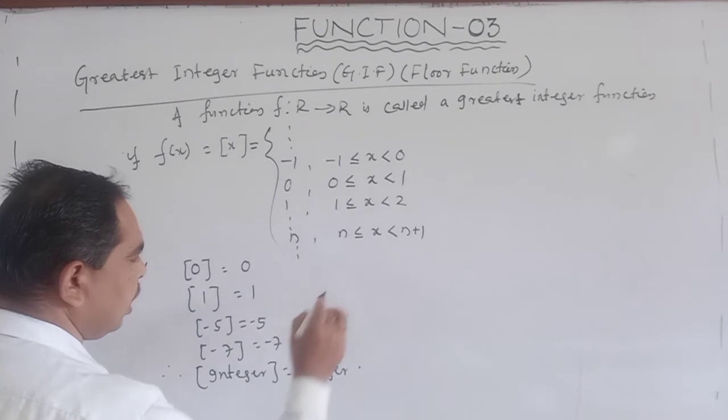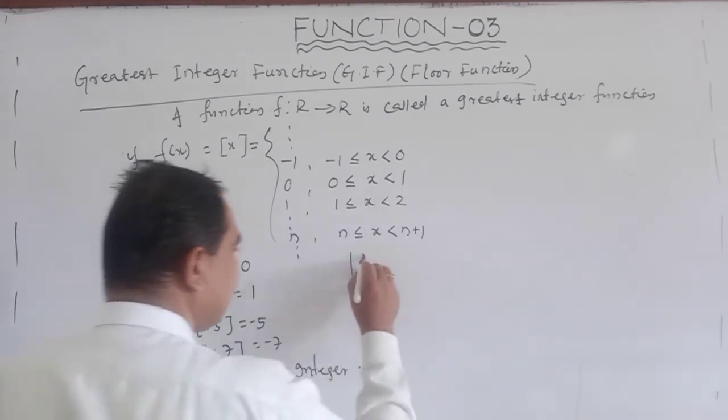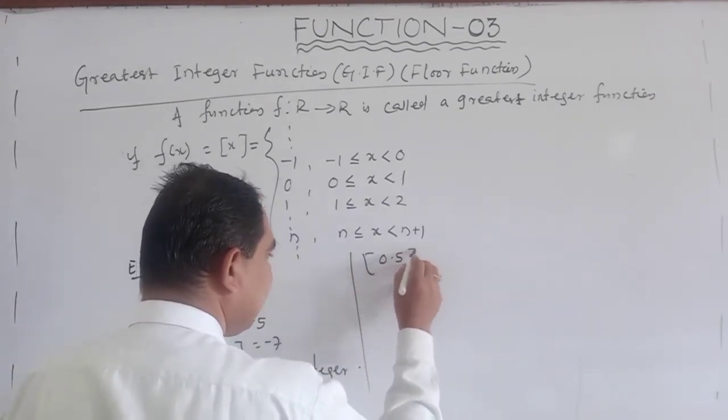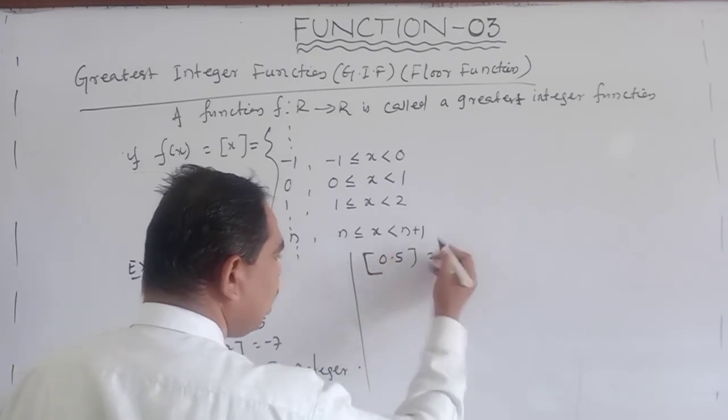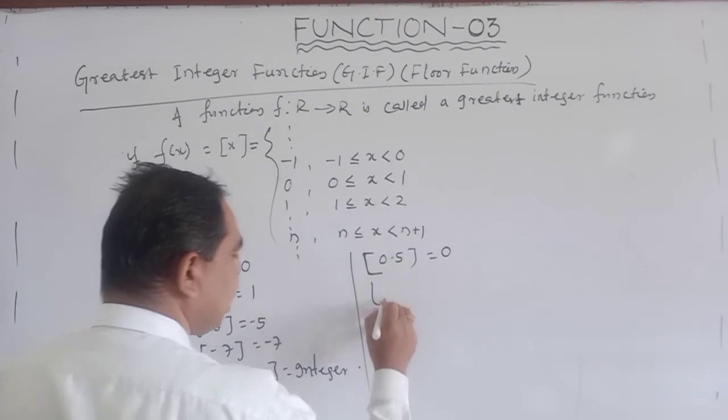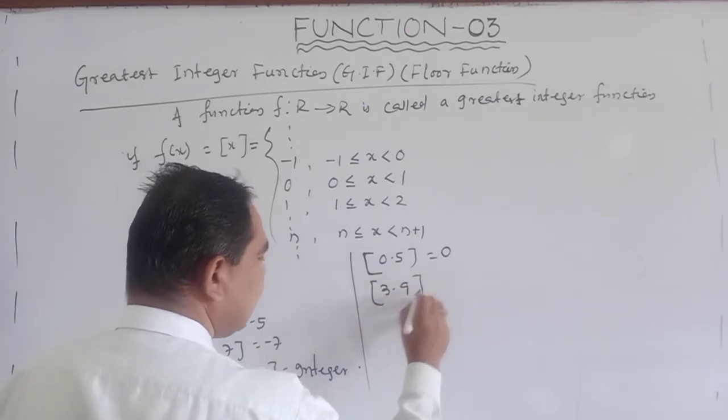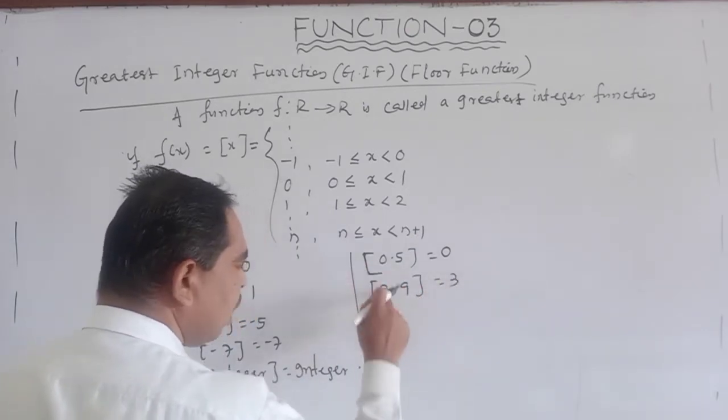Okay, next. Square bracket of 0.5: 0.5 lies between 0 and 1, so we take only 0. Square bracket of 3.93 means only the integral value, 3. Square bracket of 5.75, only the integral value, 5. Square bracket of 0.9999 with infinite 9s, so 0, we take only the integral value.